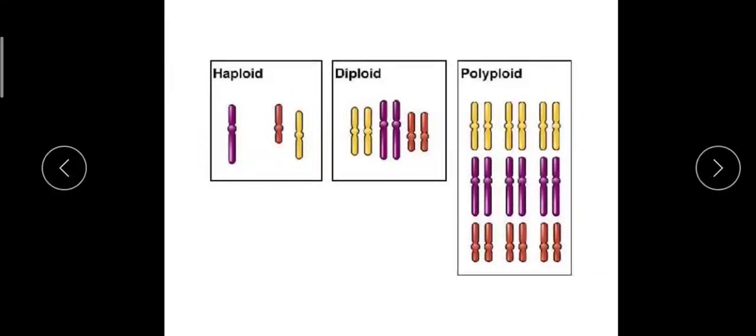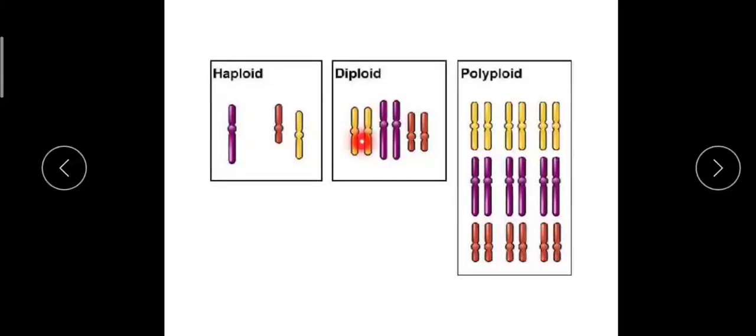Say, for example, a particular organism has a chromosome number of 3, so the haploid set of that organism will be only 3 chromosomes. The diploid is this case: 3 pairs are seen, a total of 6 chromosomes. And in the case of polyploid, if that organism or cell is induced to become polyploid, then more than 2 pairs will be present.